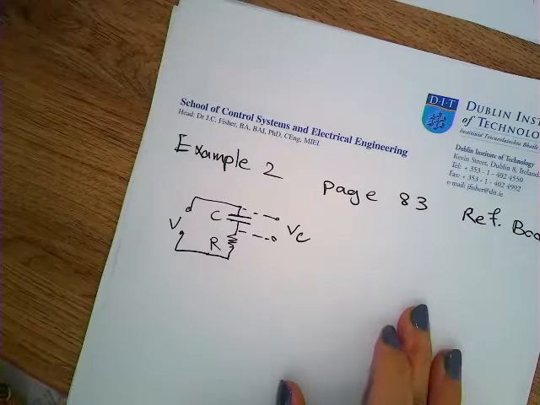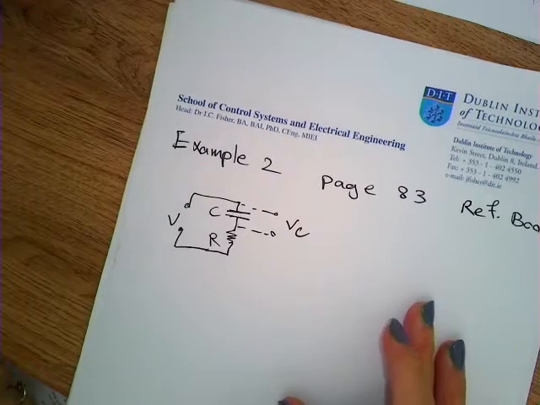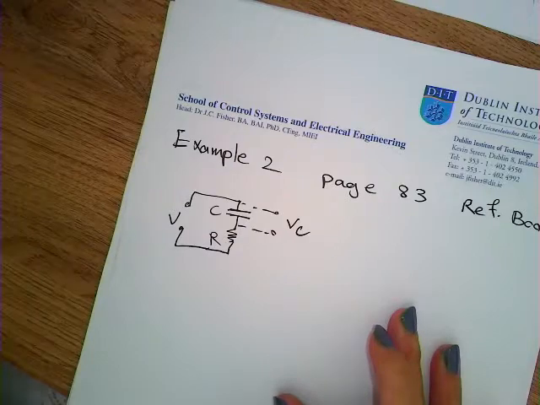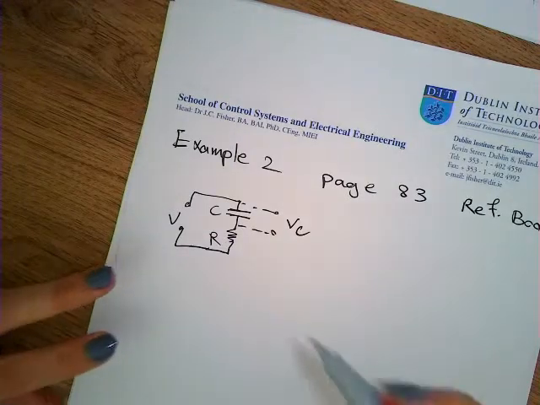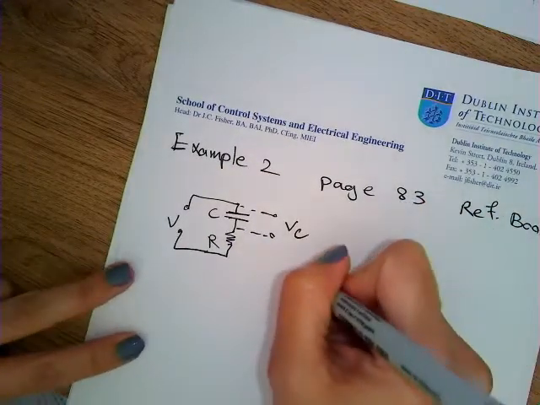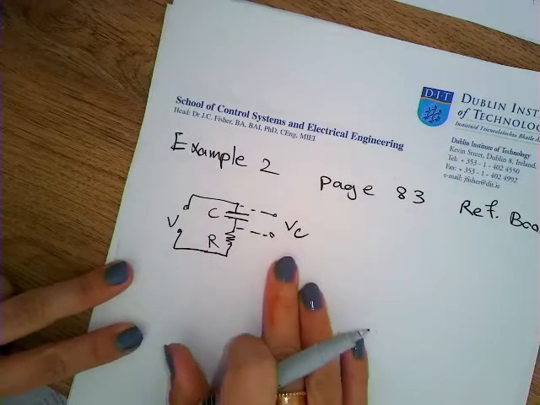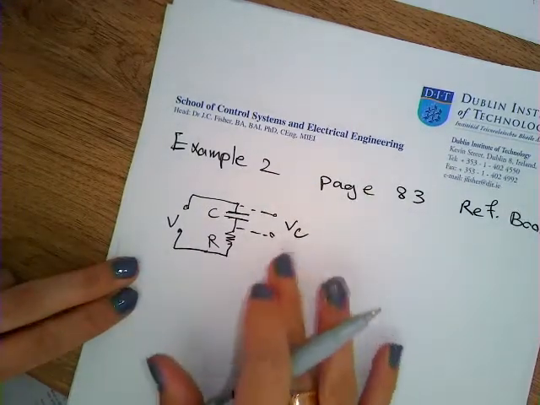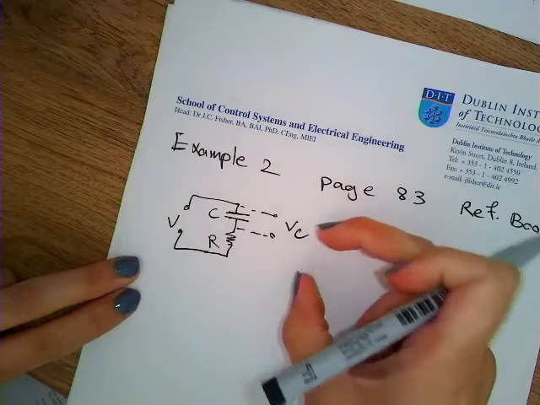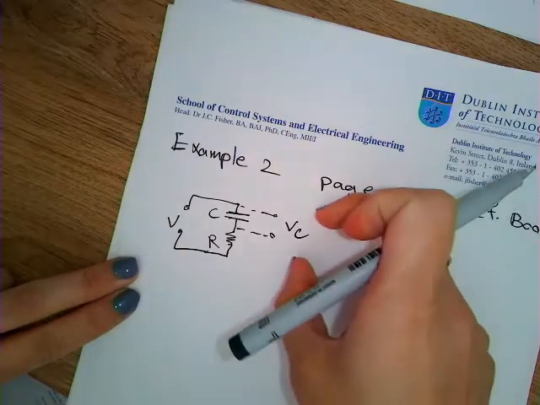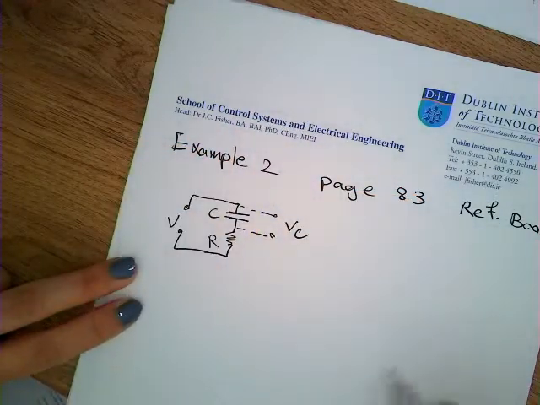When subject to a step input of size V, it is found to give an output of potential difference across the capacitor, VC, which is given by a differential equation such as this. In the previous chapter, we learned how to obtain the output voltage corresponding to the input voltage.